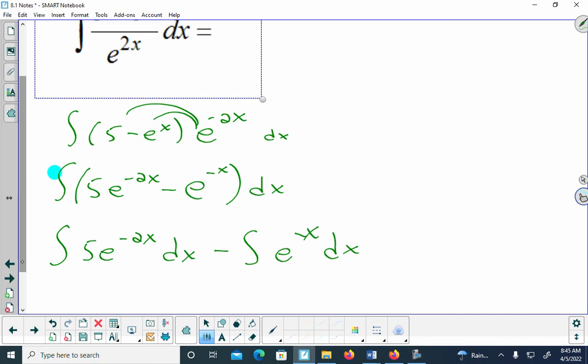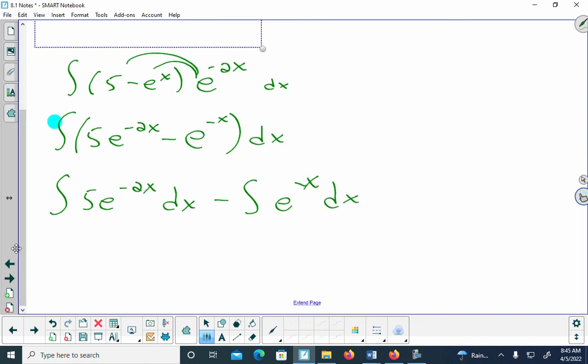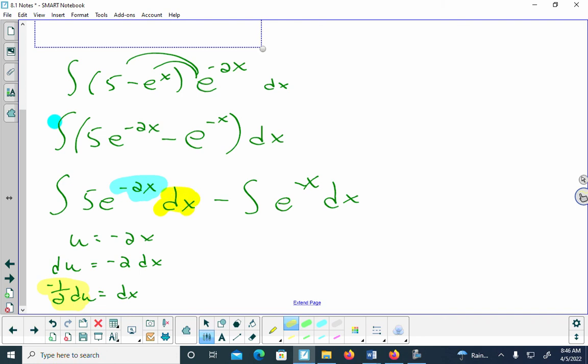So I'm going to have to do the u substitution. I'm doing two separate problems, really. Well, two parts of a problem. So when I look at this, I have this being raised to a power. So I'm going to say u is equal to negative 2x. So the derivative of u is going to be negative 2 dx. So negative 1/2 du is equal to dx. So this negative 1/2 will be what I put in for the dx.